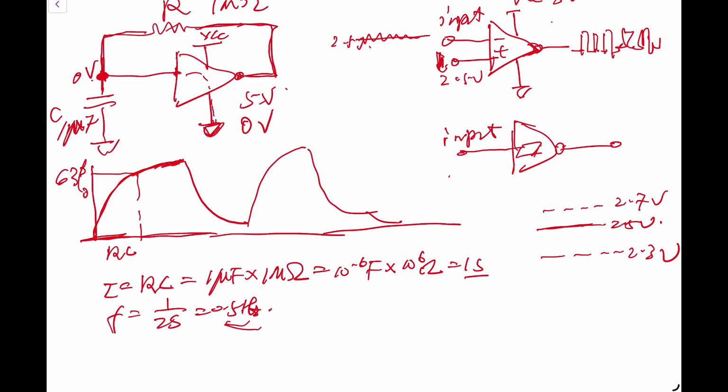To output a logic high signal, in the inverter case, the input has to be below 2.3 volts. To output a logic low signal, you have to be above 2.7 volts. If your input voltage falls in between 2.3 and 2.7 volts, it is basically undefined.